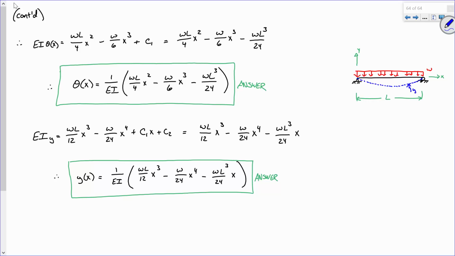That's deflection. But this is the slope. That's theta. So y max occurs at x equals L over 2, and at x equals L over 2, theta better be 0, right? Does that make sense? Now let's see if that happens. Just a check.